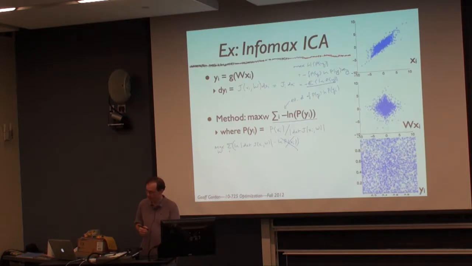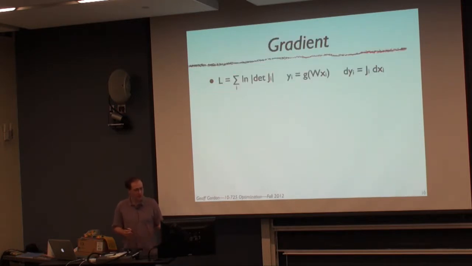All right. So this is just copied from the previous slide. Let's go ahead and do that derivative. What I'm going to do is first do a derivative here of yi with respect to xi. And so by the chain rule, we have dyi is equal to, let's do it component-wise.